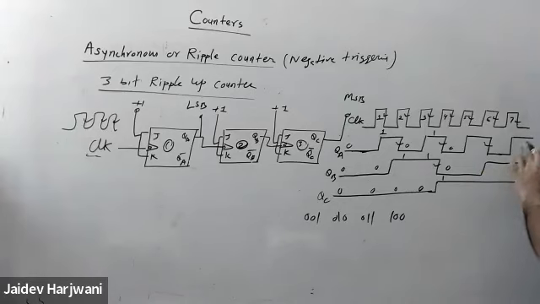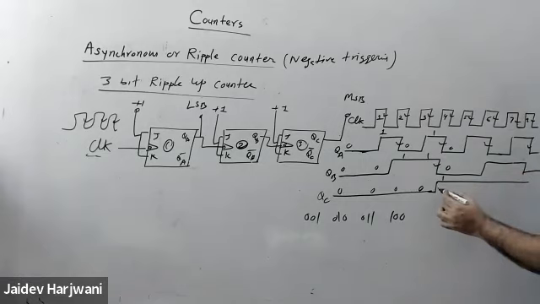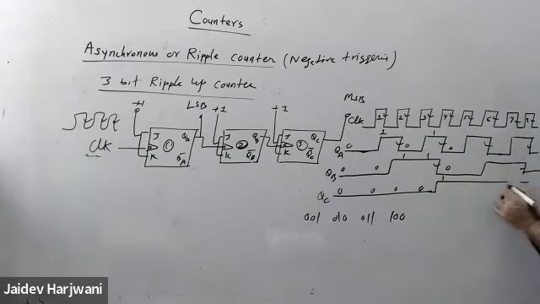Okay, 7, and it should be 8 also. 8 will be made, you will see 8 there. This will go down, and this will go down here, and this will go down, up, down. This will go up here. Like this something will come.